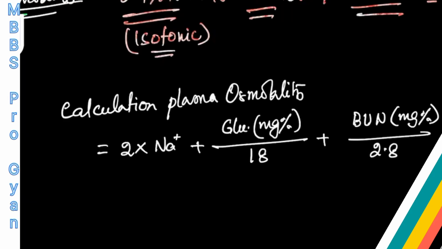So this is the formula for calculation of the plasma osmolality: 2 multiplied by sodium concentration, with sodium concentration in milliequivalent per liter.